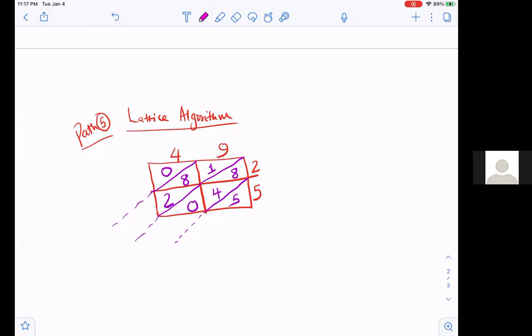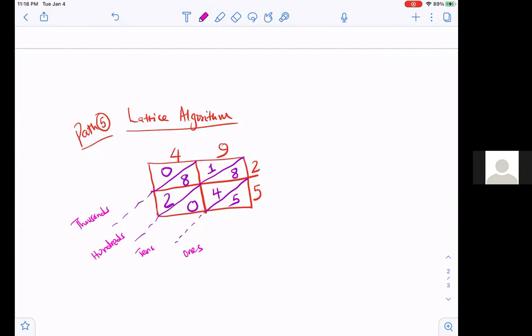Each of these spaces represented by these diagonals represent the place values. Like we will have ones here, we'll have tens here, we'll have hundreds here, we'll have thousands here. And that's why this algorithm works, because the diagonals actually create the respective place values.